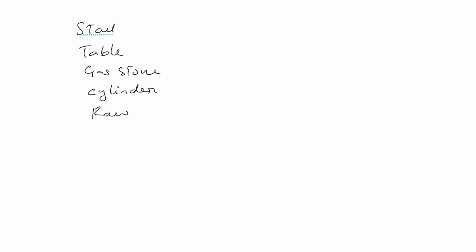Okay, let me just jot it down over here. You may need a stall, a table, you may need a gas stove, you may need a gas cylinder, maybe you may need the raw materials, right? And these are some of the components which are being used.